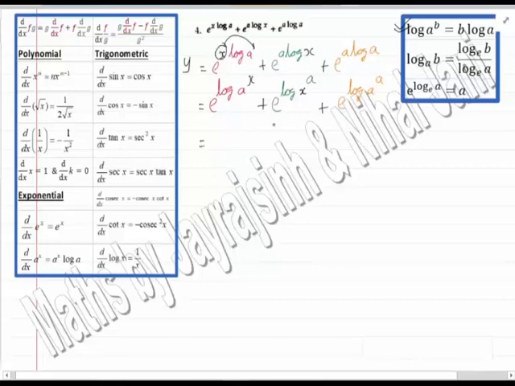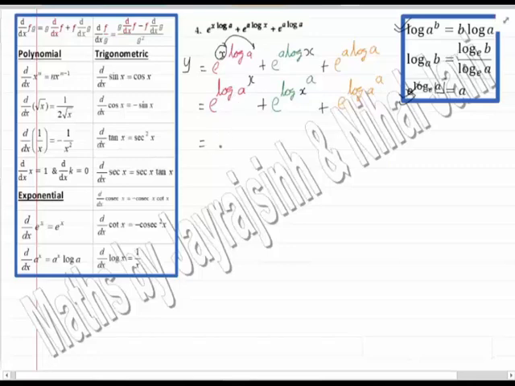Okay, now let's use the third property. If we have e raised to log something, then we can cancel, or we can say they are inverse functions of each other, so we will get that term as it is. So e and log are inverse functions of each other, so we can neglect e and log simultaneously.